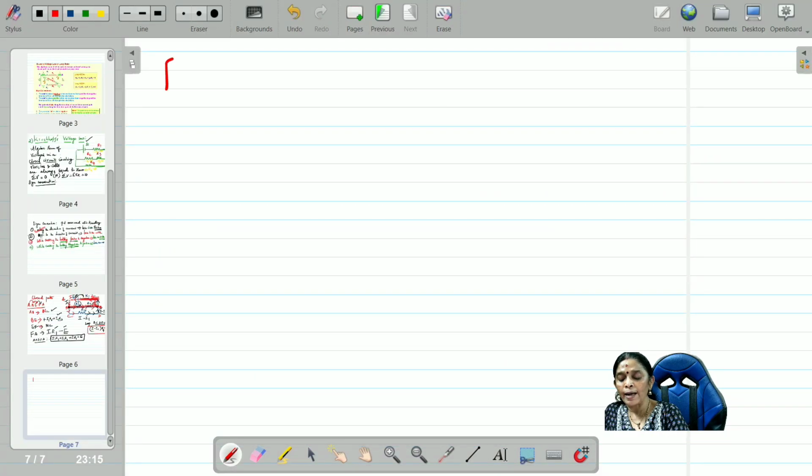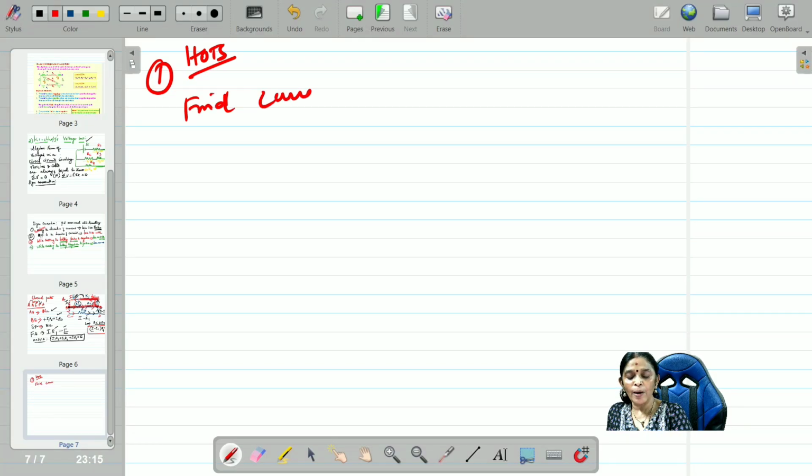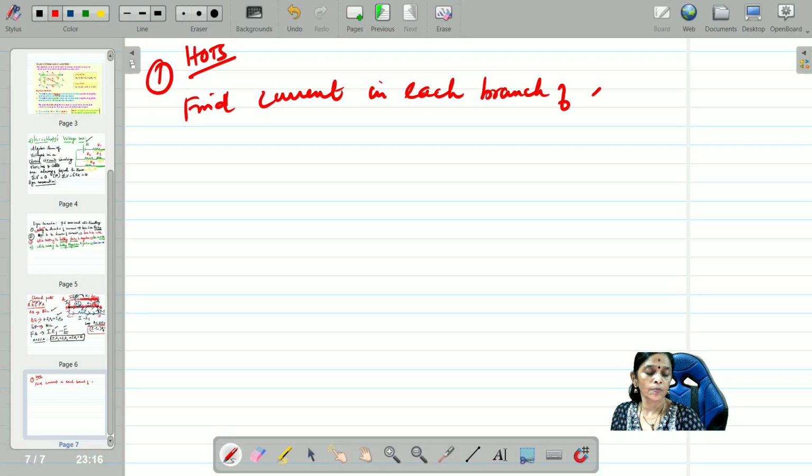Okay. Now find the current in each branch. One problem, let us see: find the current in each branch of the network. Simple, I am going to give you one question.